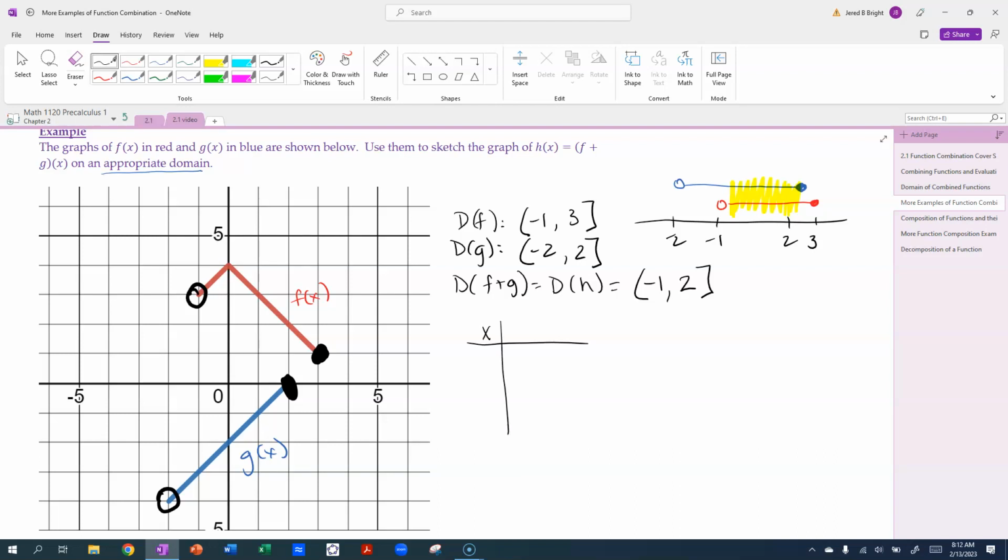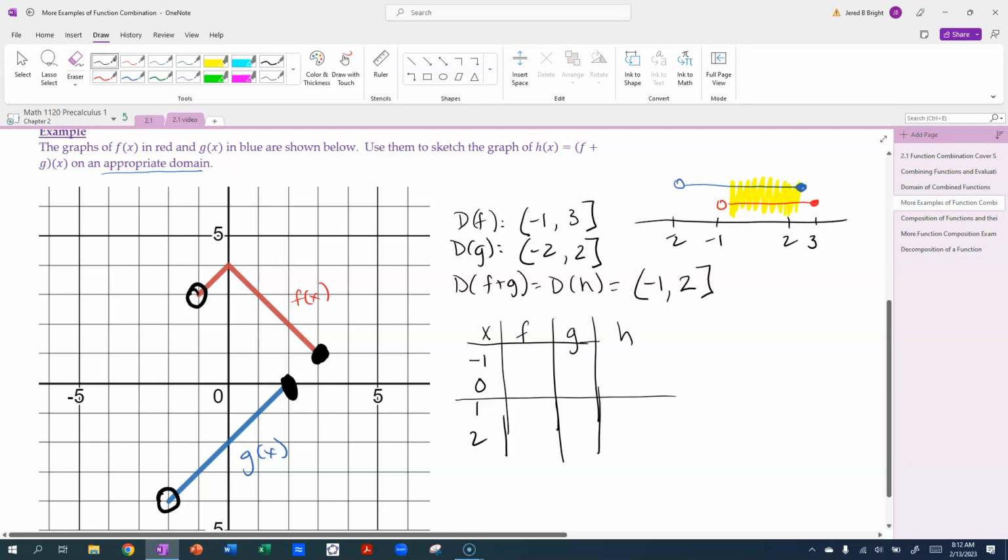My domain needs to go from -1. I'm actually going to put a hole here, but I'm still going to put it in my table of values: -1, 0, 1, 2. Then I'm going to list f, g, and then h, with a line in between just to separate them spatially.